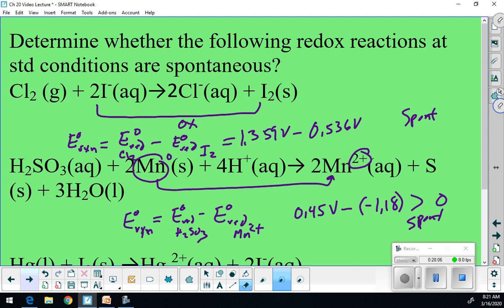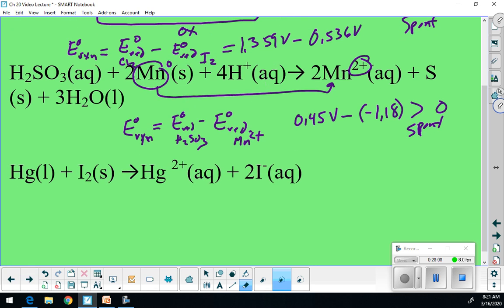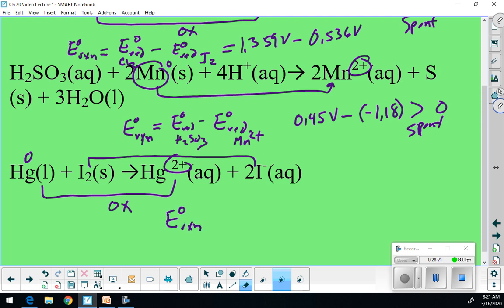And then my final one, I have a 0 going to a +2, so my mercury is oxidizing, and that would mean my iodine is reducing. So the potential for my reaction is equal to the standard reduction potential for my iodine minus the standard reduction potential for my mercury 2+.